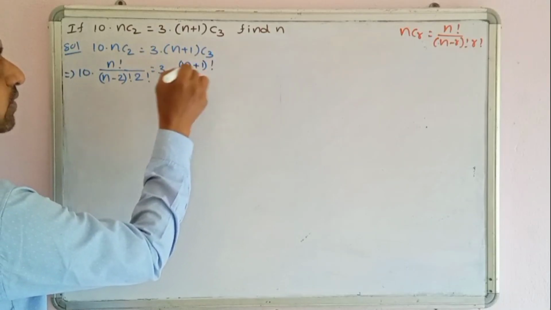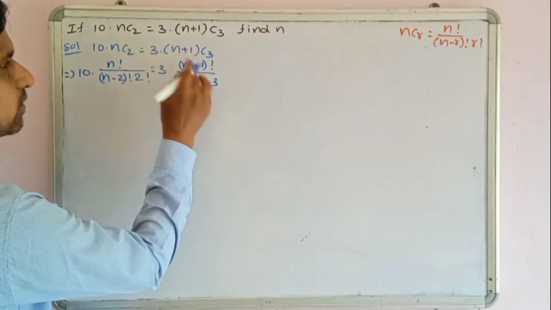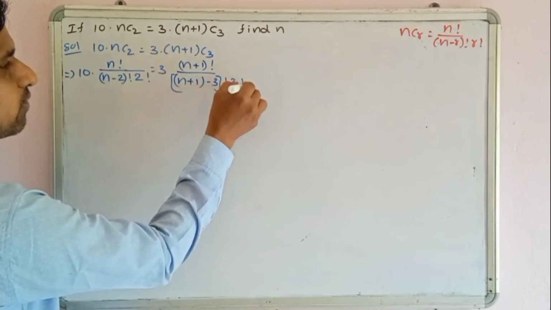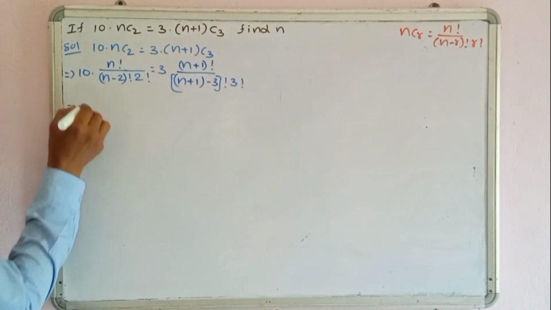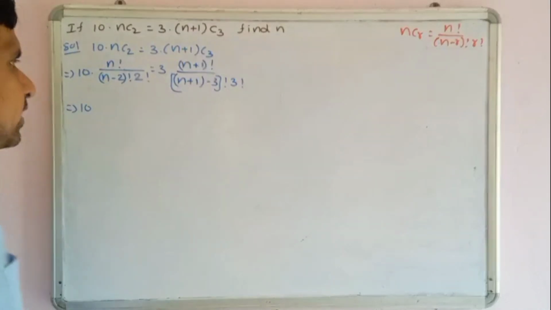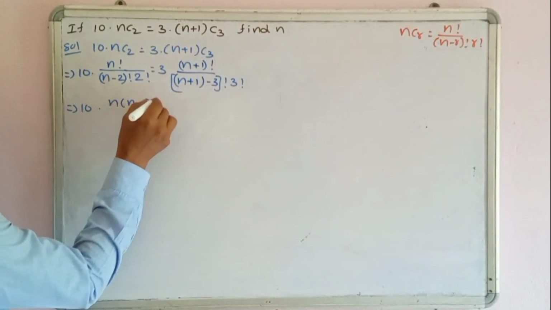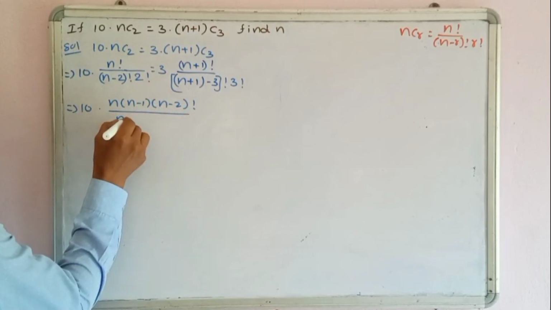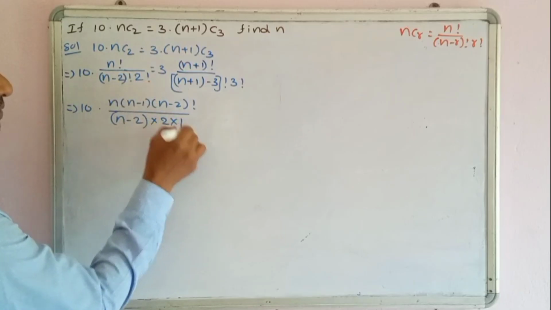by n minus r, this is n now, n minus r factorial into r factorial. Okay, now 10 into, now we will find the value of n. 10 into n factorial can be written as n into n minus 1 into n minus 2 factorial by n minus 2 factorial into 2 factorial, which is nothing but 2 times 1.